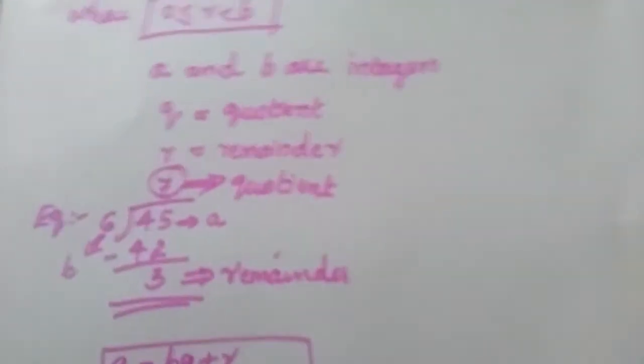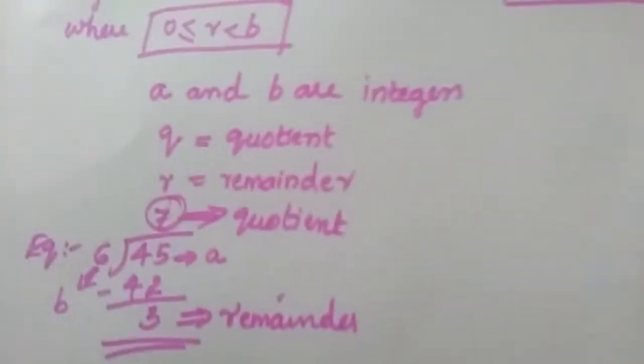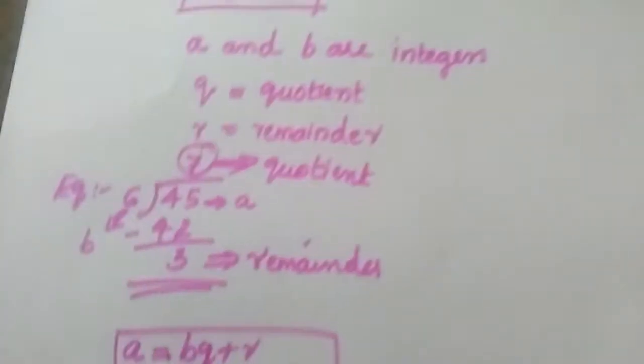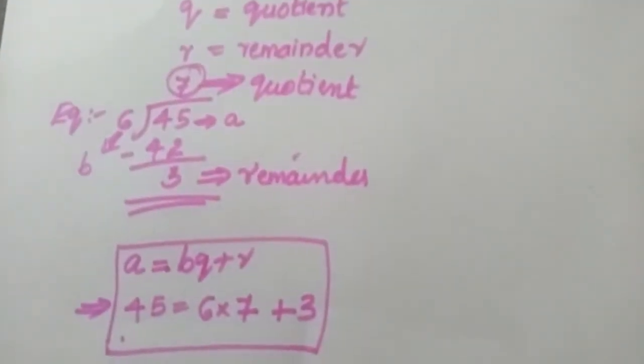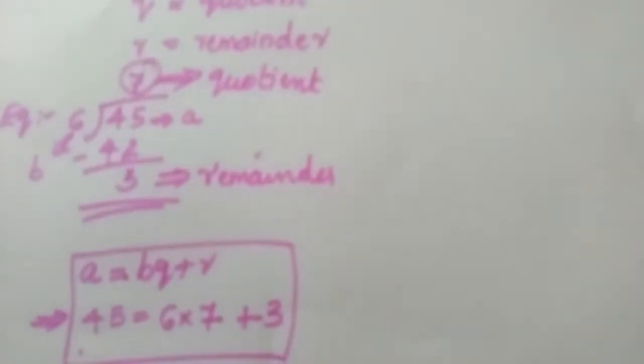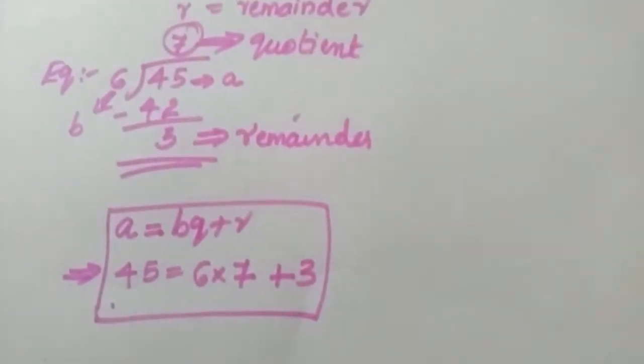Then in the example, 45 divided by 6, we get 7 as quotient and 3 as remainder. So we can write this division by Euclid's division lemma like this: 45 = 6 into 7 plus 3. This is a representation of Euclid's division lemma. Did you understand now?